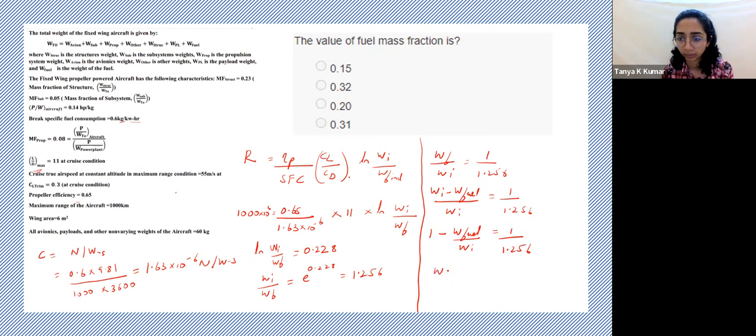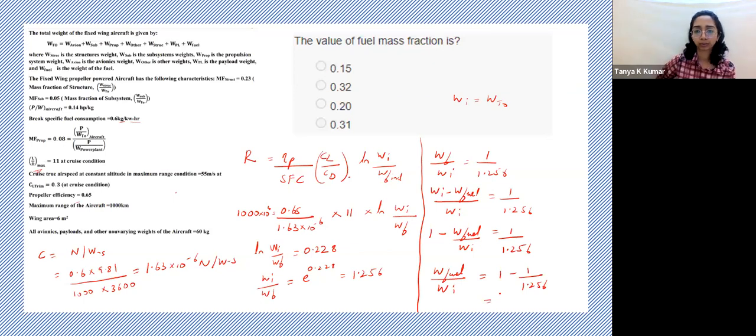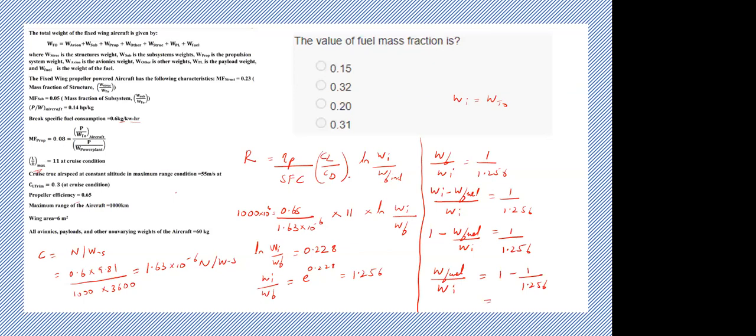So we get weight of fuel by weight initial or weight takeoff. This initial weight is nothing but takeoff weight. So W initial is nothing but W takeoff. That gives you 1 minus 1 by 1.256. How much is this value? Approximately 0.2.